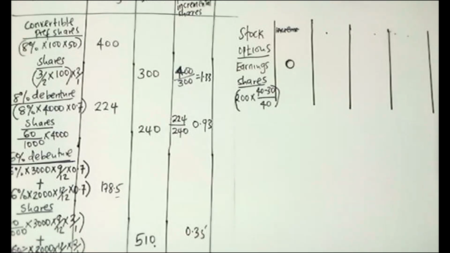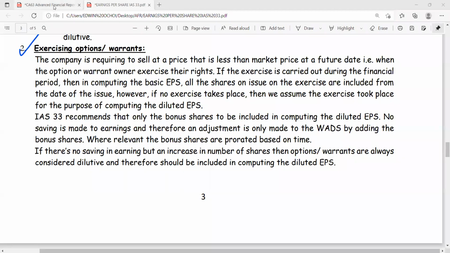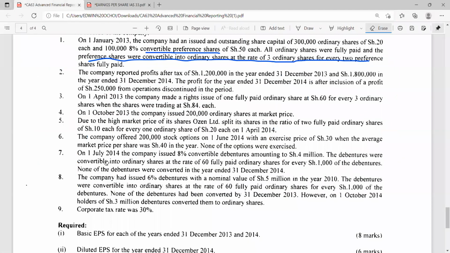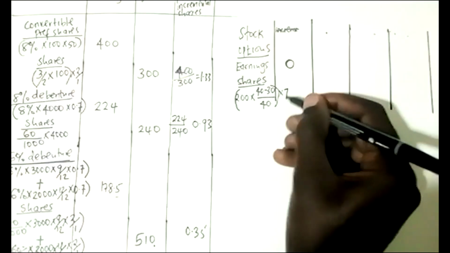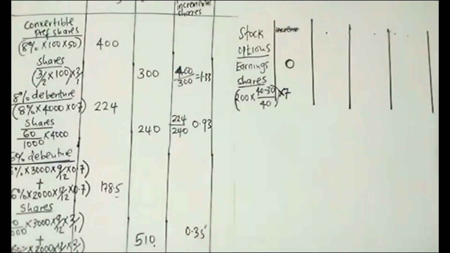Then you weigh from the time of exercise. So the time of exercise is 1st June as per note 6. The company offered 200,000 stock options on 1st June 2014. So from June to the end of the year, how many months are those? 7. So you multiply with 7.